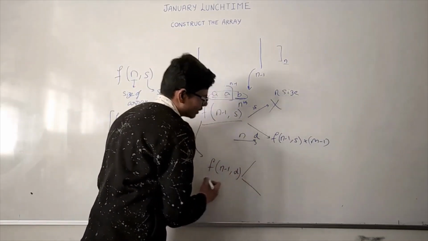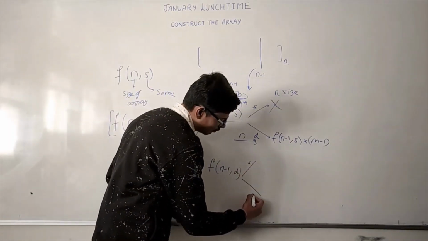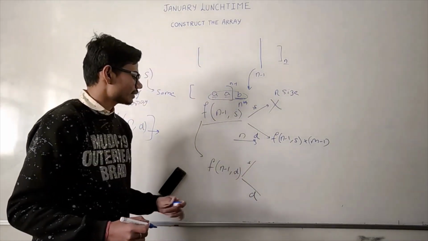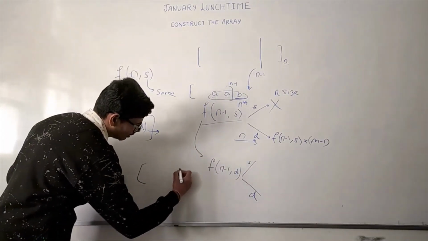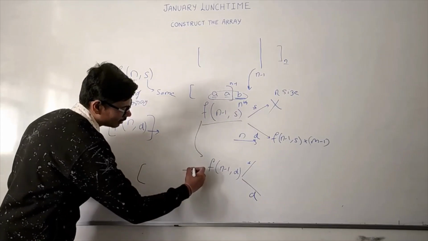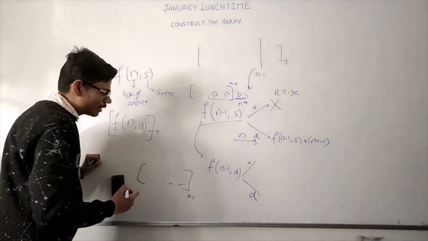Now, for this case, again we will have two choices, whether we place a same element or we place a different element. If we are placing a same element, it means that we have constructed an array of size n minus 1 and the last two elements of this array are different.